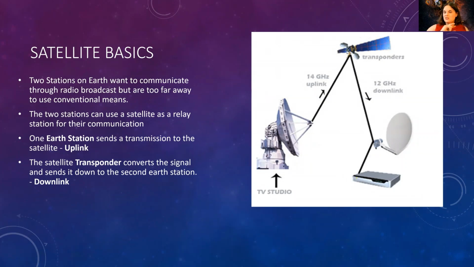You could have a television studio that's broadcasting, say, your favorite sports team. They send the signal as an uplink to the satellite. From there, the satellite relays the transmission and converts it into a downlink, which then goes into your television or your computers as you see.